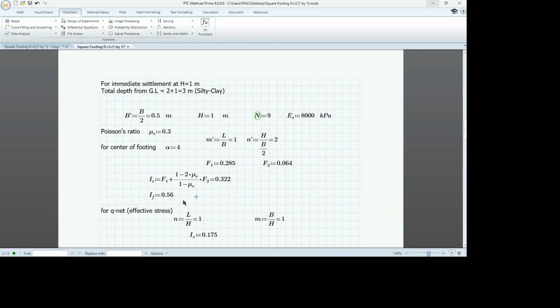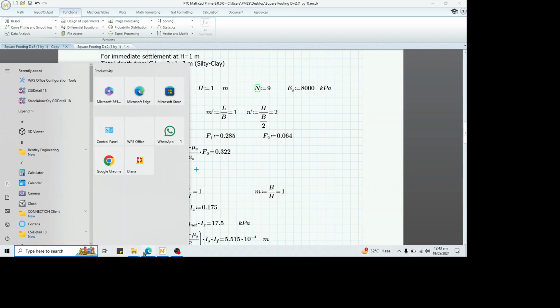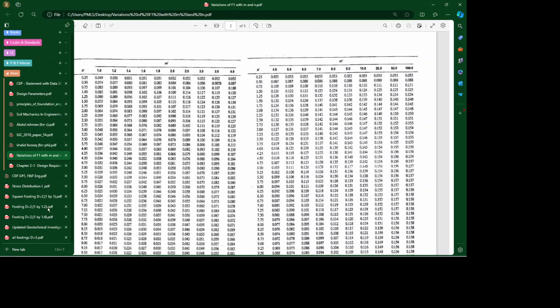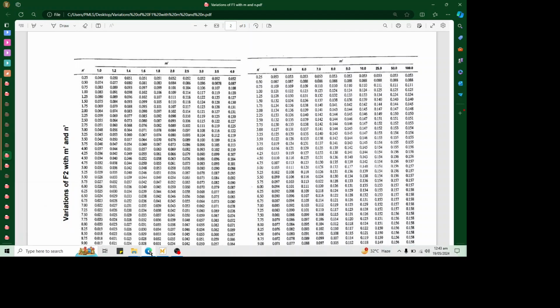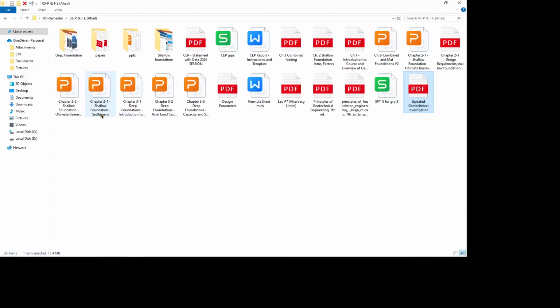Now how do we calculate the IF? IF depends upon the depth of the foundation, the ratio, and some other things. Let me open the slide to show you what the IF is.